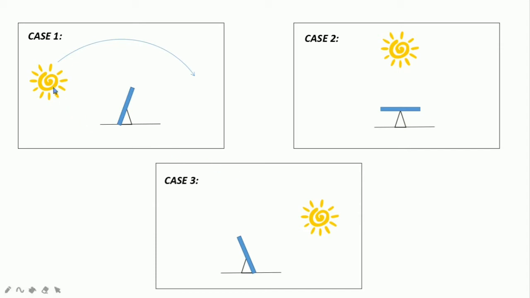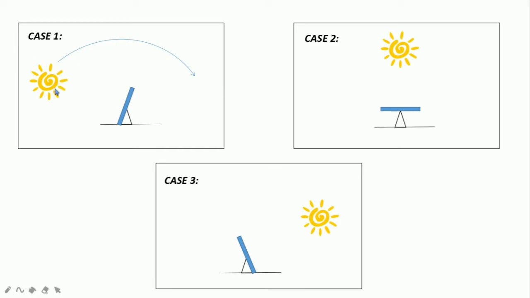As I said, the sun rises in the east and sets in the west. The sun rises here and follows a path like an arc. Let's split our working into three cases.